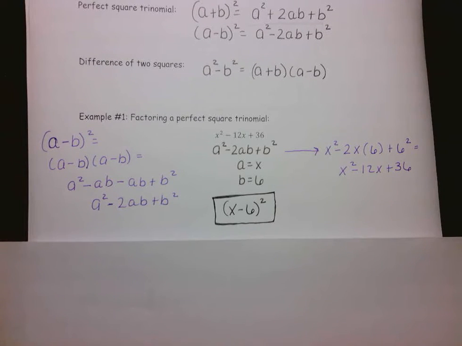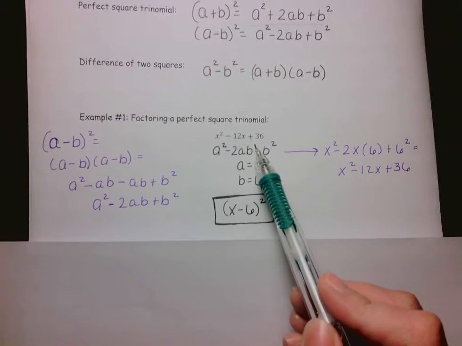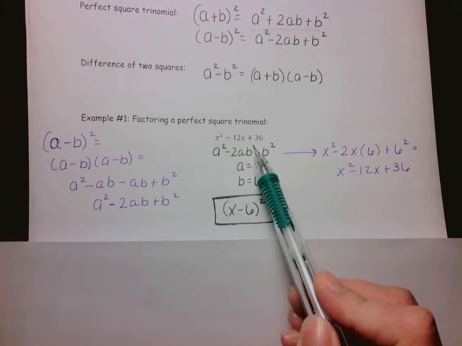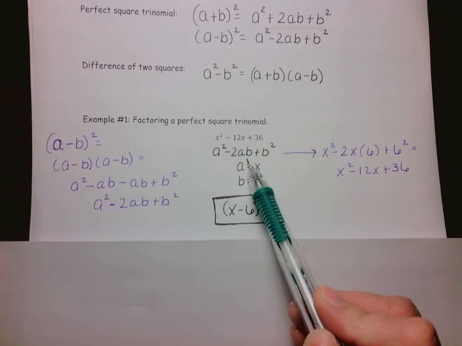So let's look at example number 1, factoring a perfect square trinomial. So you have here x squared minus 12x plus 36. And this is a perfect square trinomial. It is in the form of a squared minus 2ab plus b squared.